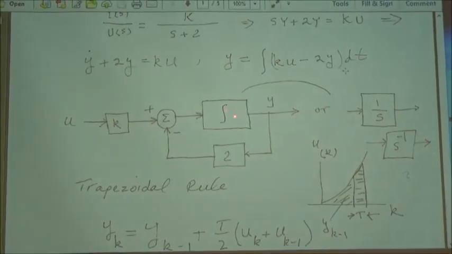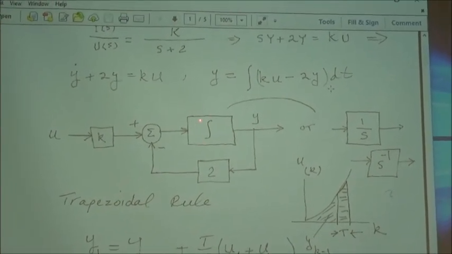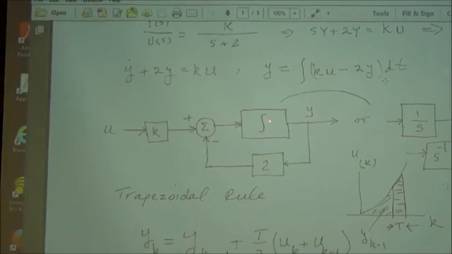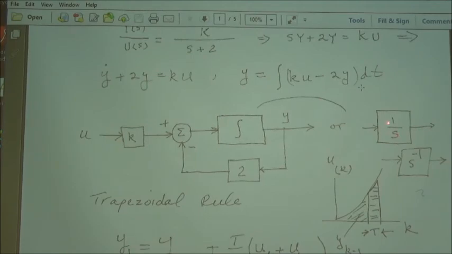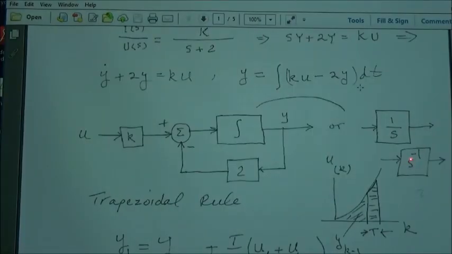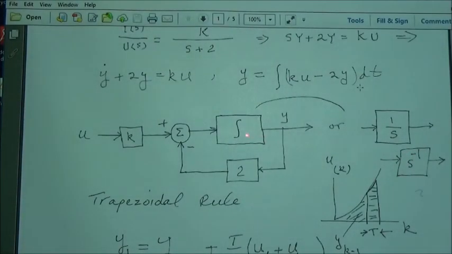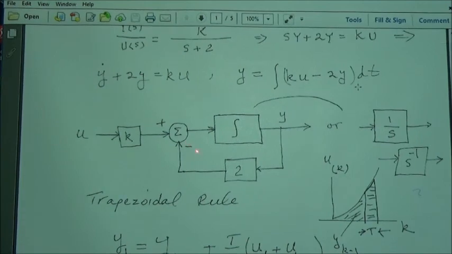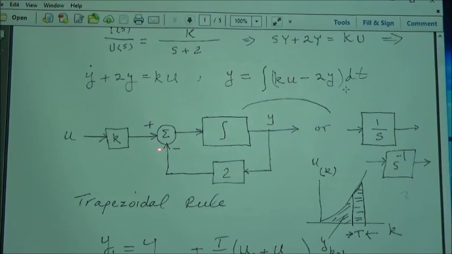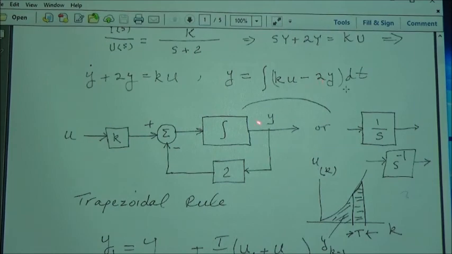We have a block which is an isolated integrator, which is one way to show it. You can also show it in the form of 1 over s, or s to the minus 1. You work out minus 2y, add it with k times u, you get that integrand, then you integrate it.